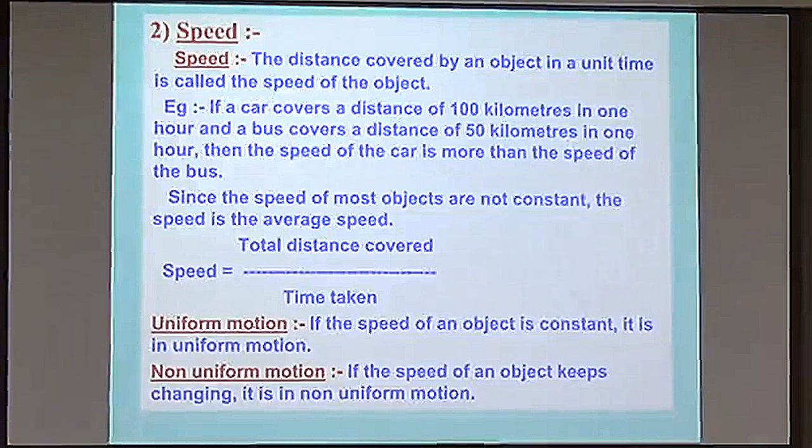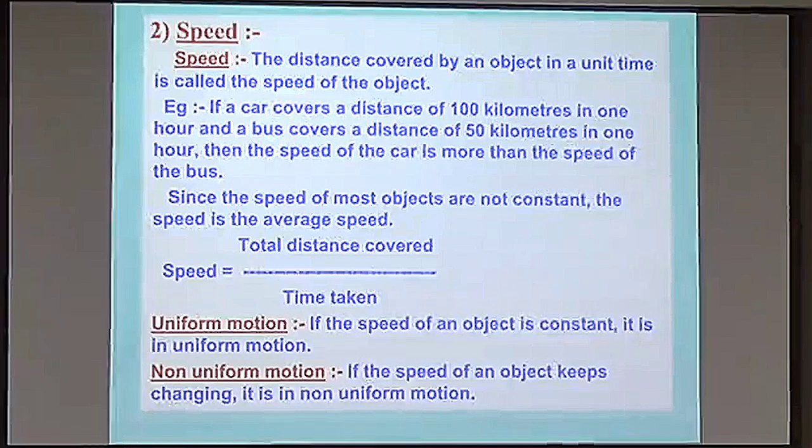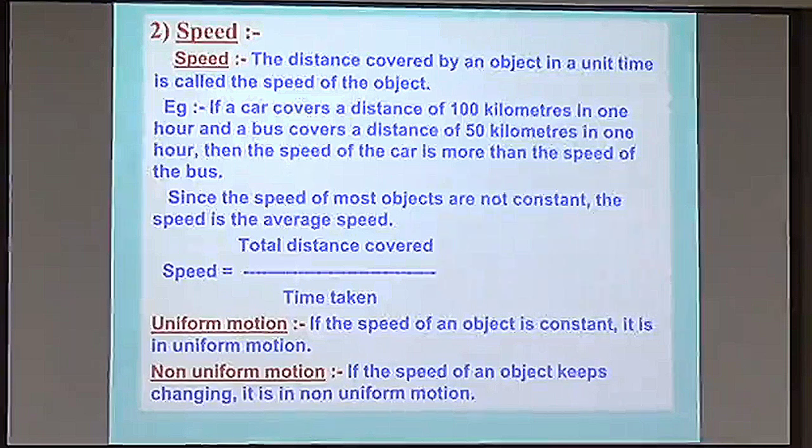For example, a car on a highway which is moving at a speed of 60 km per hour. The speed here is fixed, that is 60. So the motion is uniform.